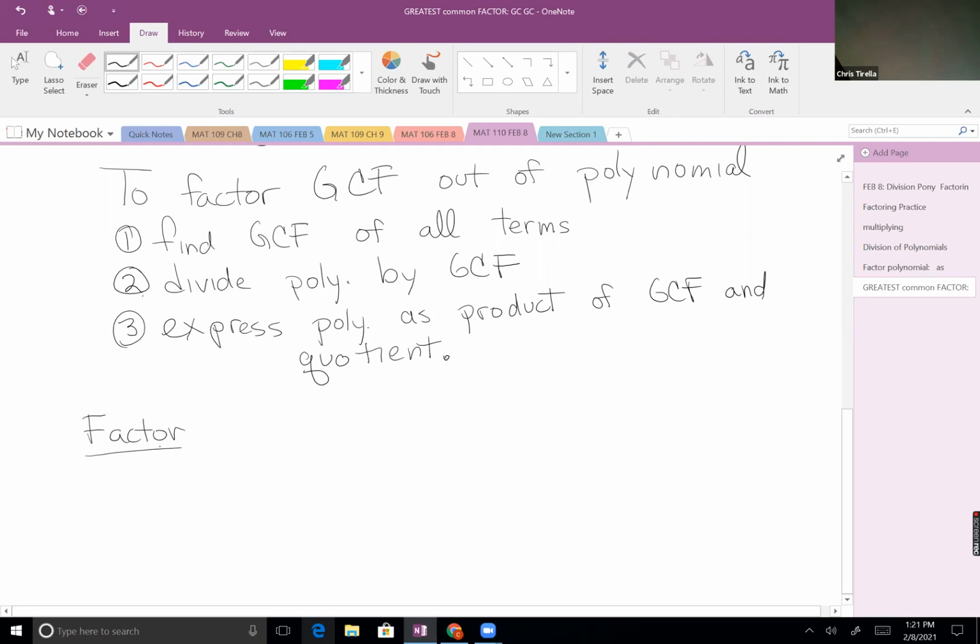And so if my directions asked me to factor 6x to the 4th minus 18x to the 3rd plus 12x squared, we just found the greatest common factor of those terms to be 6x squared.